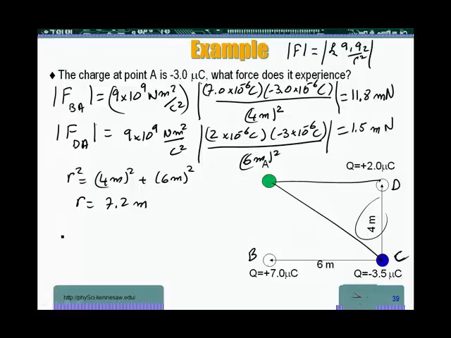So F_CA is going to be equal to 9×10⁹. Because of space limitations here, I'm not going to write the units. Just forgive me for that. So I'm going to have 3.5×10⁻⁶ times 3×10⁻⁶.